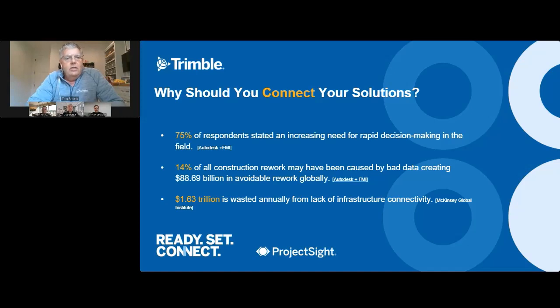So when we talk about why you should connect your solutions, 75% state that it gives them decision support and the ability to make decisions in a rapid fashion.